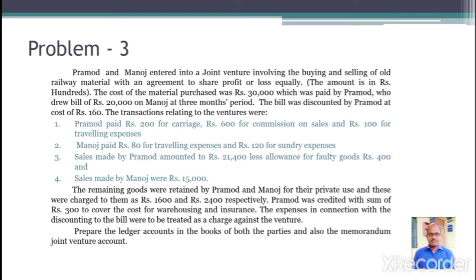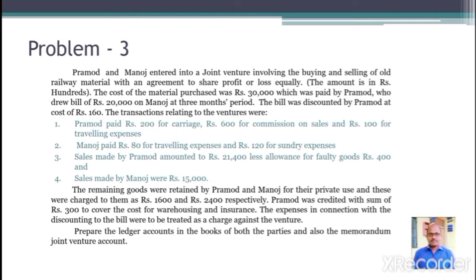So these are the expenditures of Manoj. The next, sales made by Pramod amounted to rupees 21,400 less allowance for faulty goods rupees 400. Next, sales made by Manoj were rupees 15,000. Both the co-ventures' sales were given.